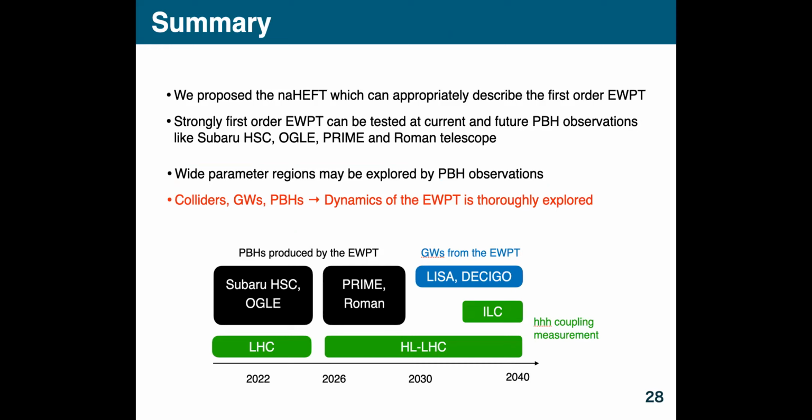And we have confirmed that a wide parameter region may be explored by the PBH observation. What I want to emphasize here is that by using collider experiments, gravitational wave observation, and PBH observation, the dynamics of the electroweak phase transition is thoroughly explored. Okay, so that's all. Thank you very much.